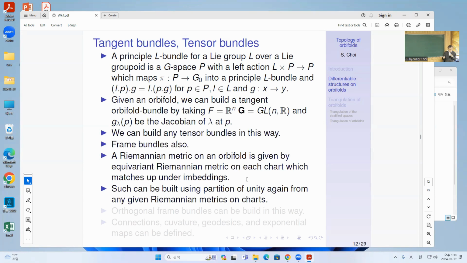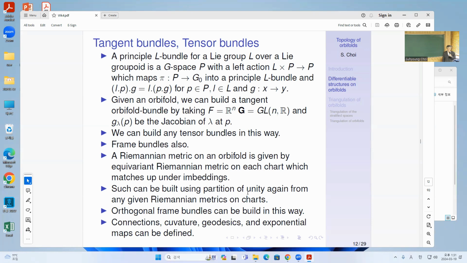Okay, then that gives you a Riemannian metric. And also the orthogonal frame bundle can be built this way. Once you have a Riemannian metric, then you can require F to be the space of orthogonal frames. And here G will be the orthogonal group, and it will be built like this.